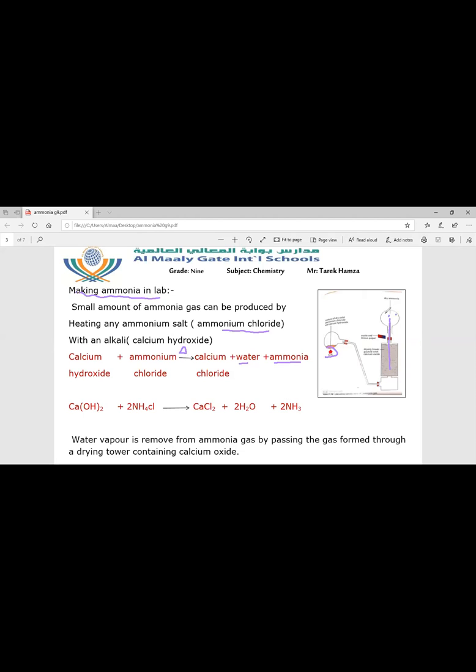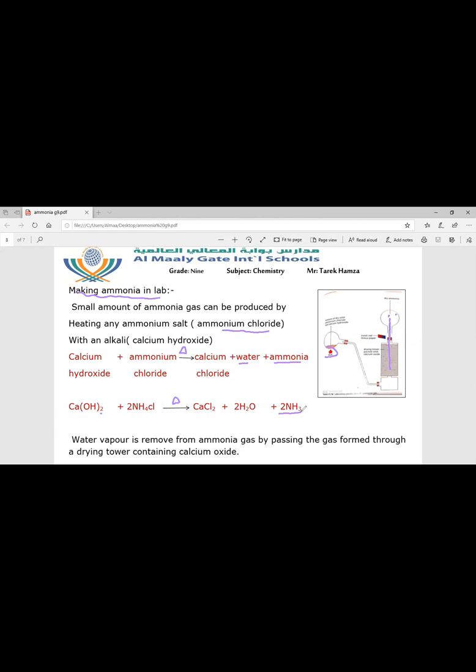Okay, this equation can be represented by the following symbols: Ca(OH)2 plus 2NH4Cl, in the presence of heat, produce CaCl2, calcium chloride, plus 2H2O, water, plus 2NH3, ammonia.